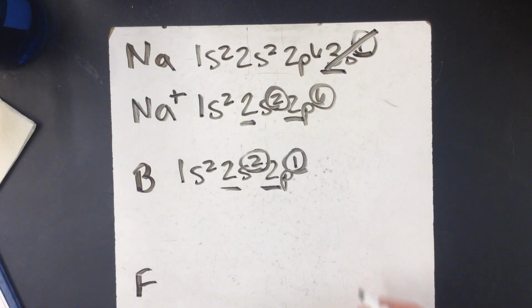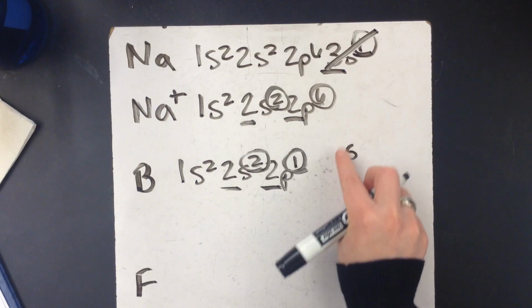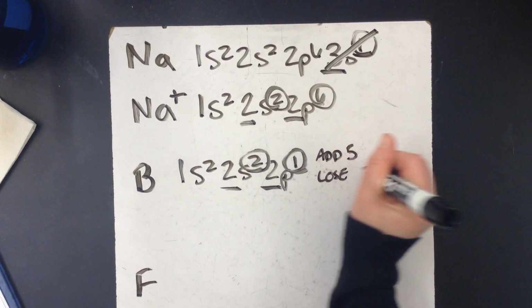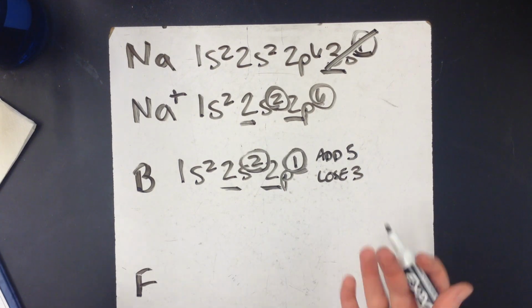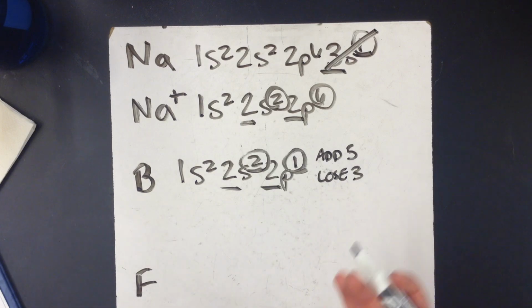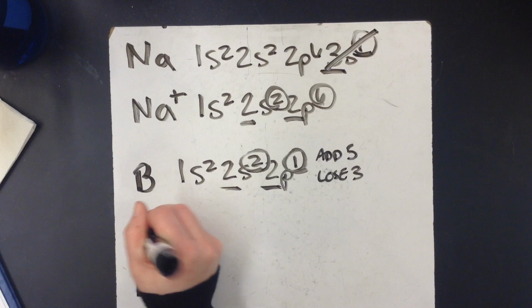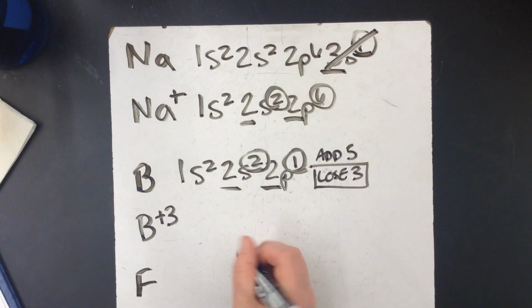If we're trying to get to 8, we're either going to add 5 or lose 3. Well, for boron, it's going to be easier for it to lose the 3 electrons than for it to gain the 5. So boron is going to become a +3 charge because it's going to lose 3 electrons.